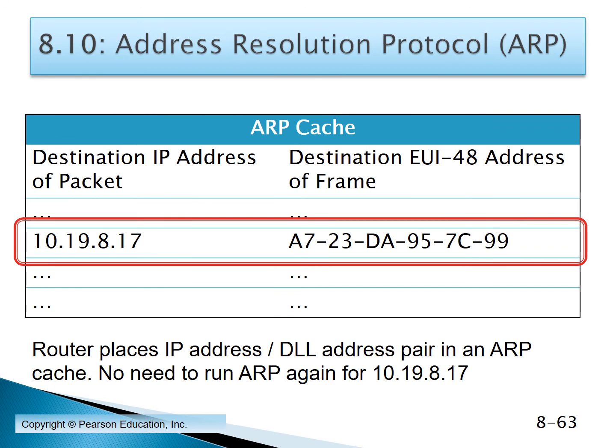The router places the IP address and data link layer address pair in an ARP cache. Then you don't need to run ARP again for this same IP address. Once you know this address, you can put it in a cache, and you know the EUI-48 address of this destination in the future. Then you don't need to ask for every packet.